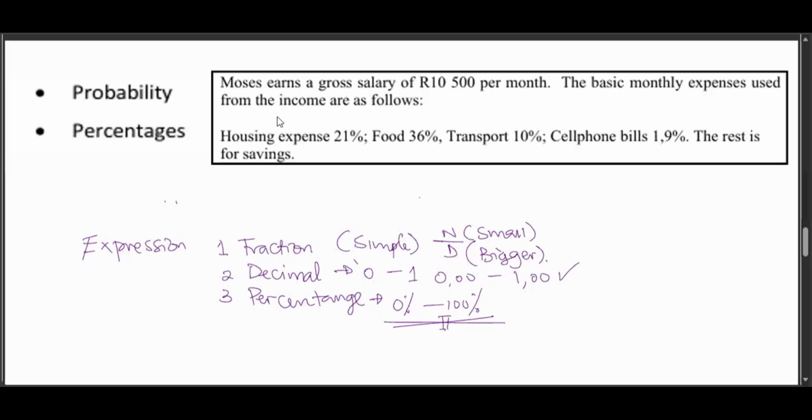It is already in percentage format, so this is 21 out of 100, which becomes 0,21, or as a percentage, 21%. This is a fraction, this is a decimal, and this is a percentage format.